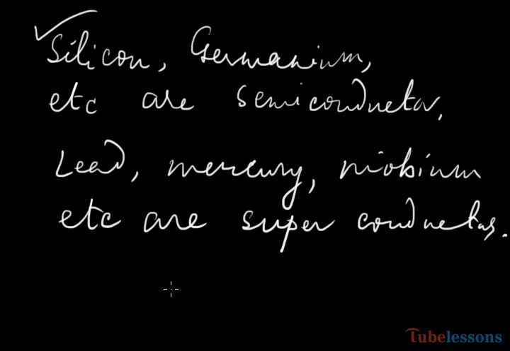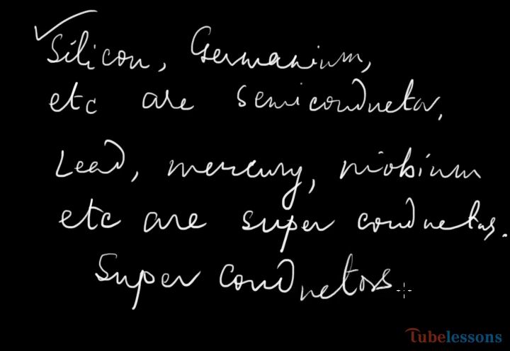So, as resistance becomes zero, its conductivity will be increased at an infinite rate. So, they are called superconductors. And keep in your mind that there are some conductors like nichrome, an alloy of nickel and chromium, whose resistance remains almost unchanged with the increment of temperature. It is an exception.